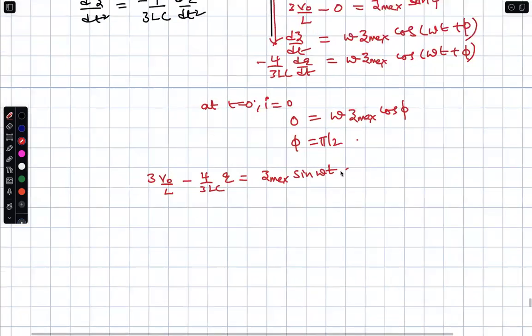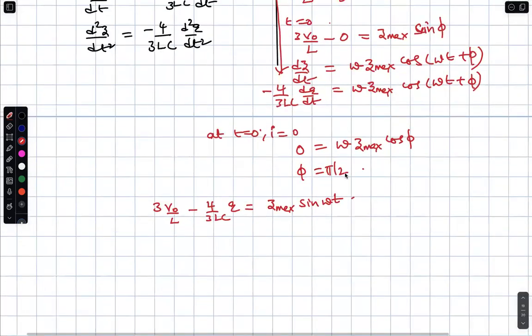But by the way, what is z max? That I also require, no? Hold on, what is going to be the z max?